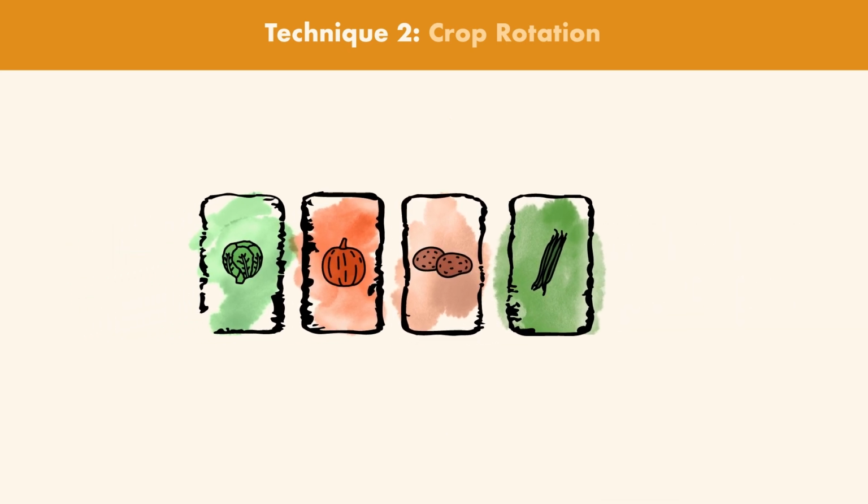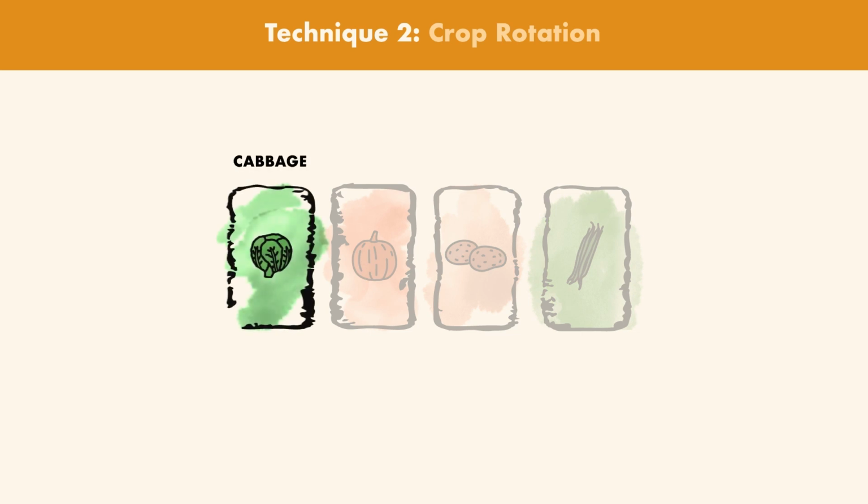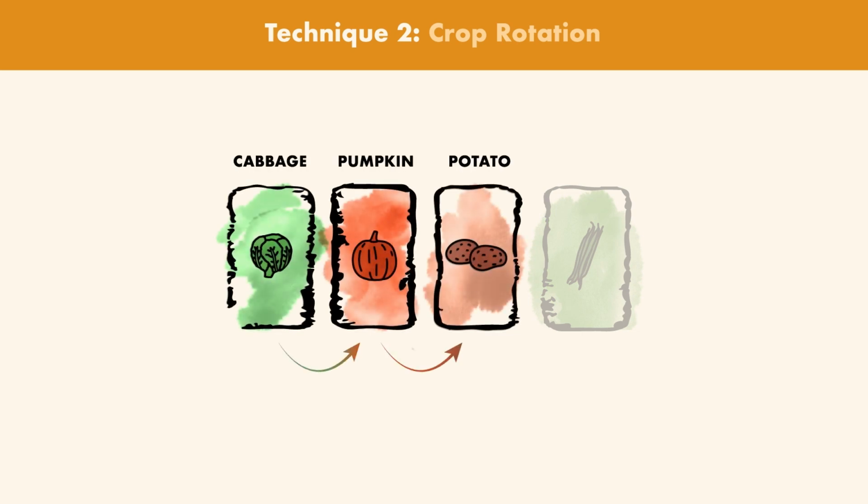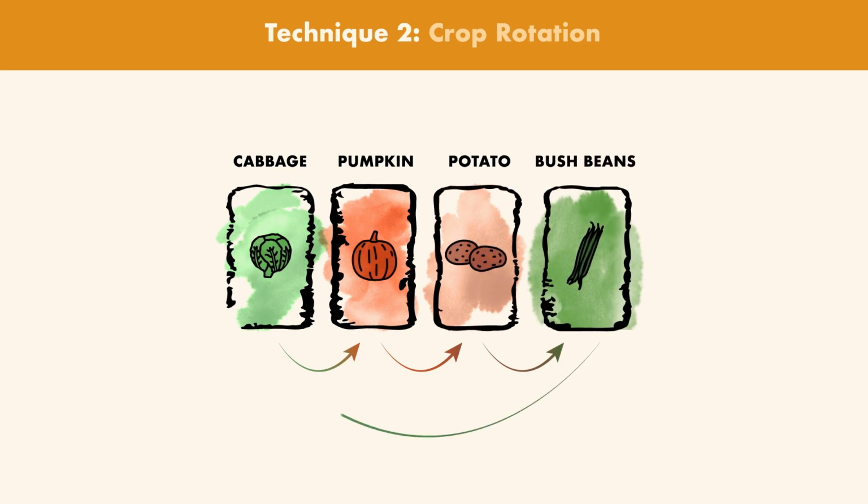A typical crop rotation in a garden bed is leaf crop, followed next season by a fruit crop, followed by a root crop, and then a legume. The cycle starts over again with a leaf crop. For example, you might start with cabbage, followed by pumpkin, then potato, and finally bush beans.